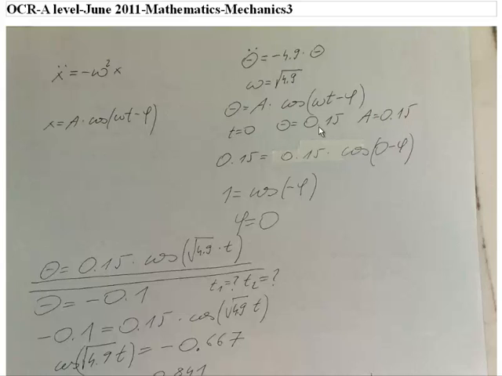If we write this here, and A is here, and at t equals 0, we get that phi, the phase, is equal to 0. So we have an expression for theta in terms of t.